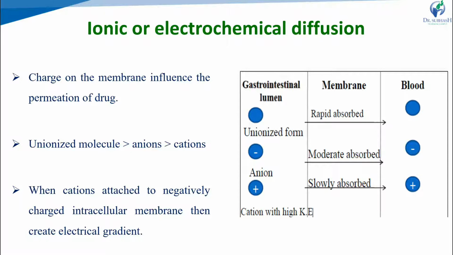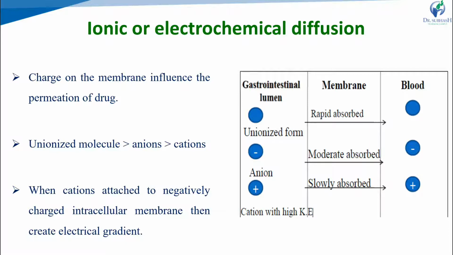Next one, ionic or electrochemical diffusion. Previously we saw that for absorption the drug requires lipophilicity and an unionized form. Unionized form is rapidly absorbed from the membrane and reaches the blood. The charge on the membrane also influences the permeation of the drug.